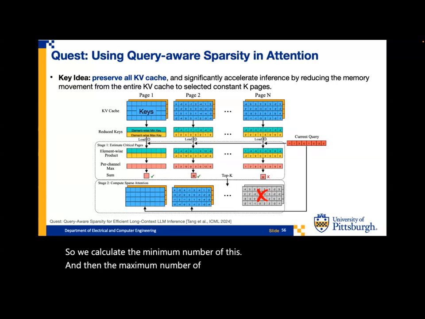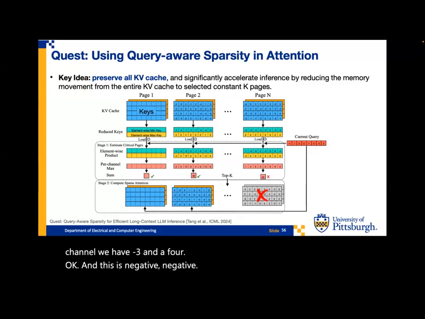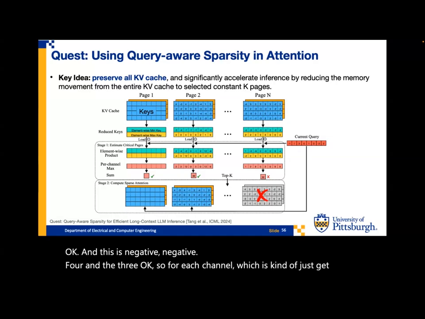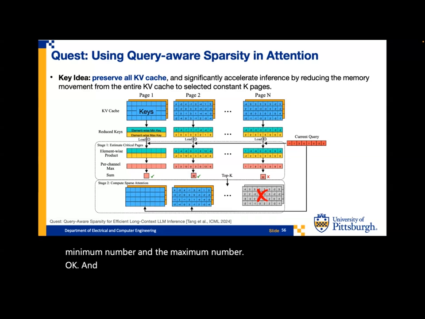So in this example, for this channel, we have -3 and 4, and this one is -4 and 3. For each channel, we just get the minimum and the maximum number. And then I'm going to do a query with this reduced key.